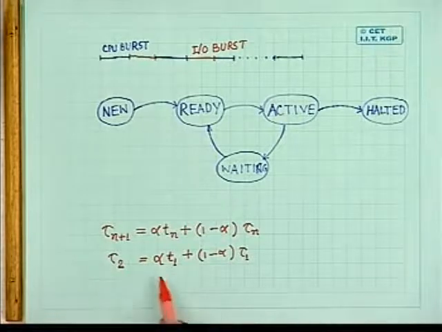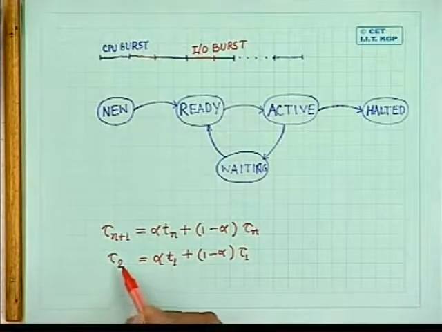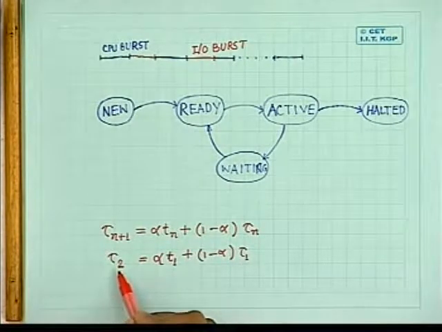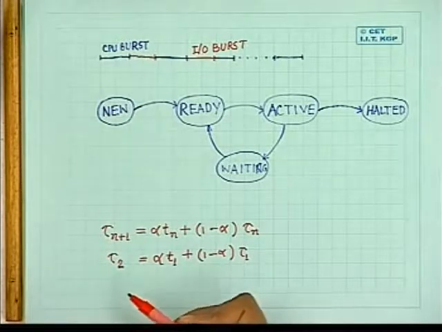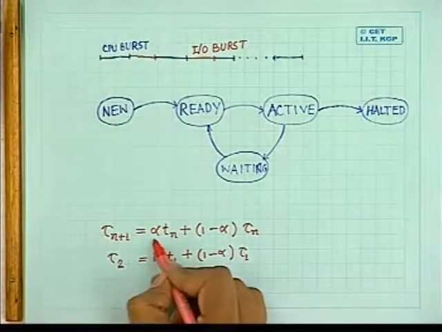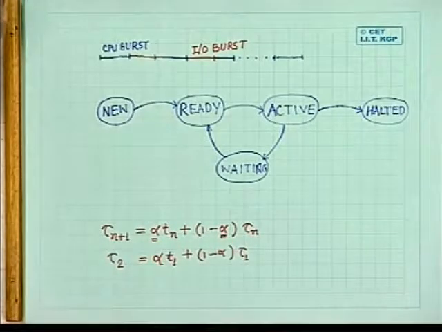Using any of these two, I can predict tau 2, and based on this predicted tau 2, the job will be scheduled for the next CPU burst.